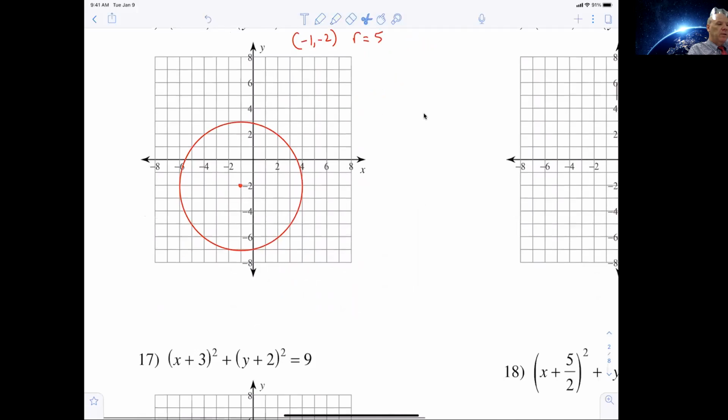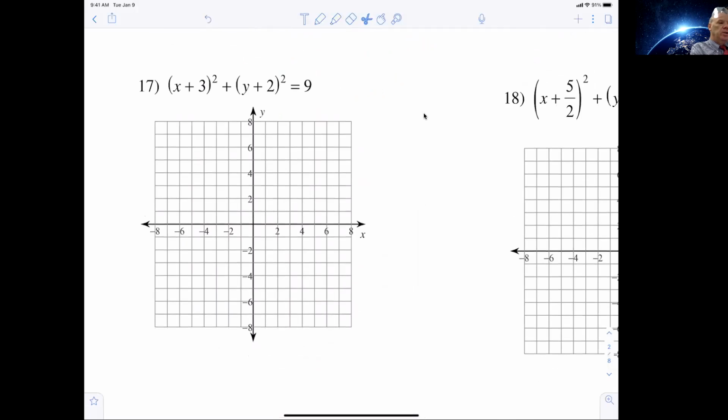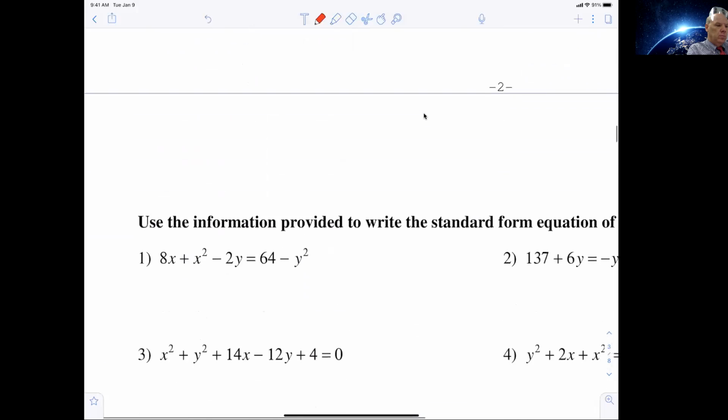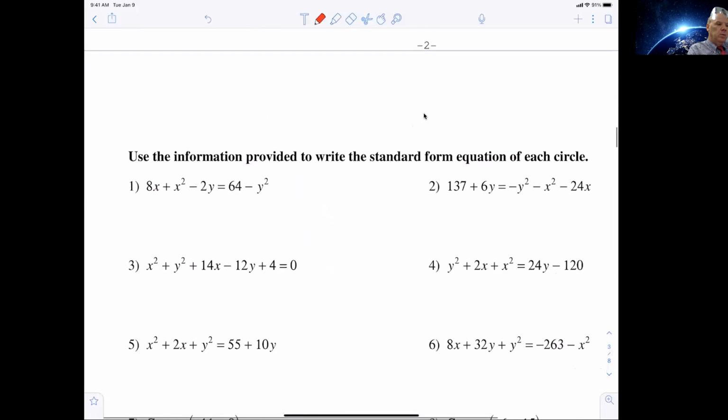All right, here we go. Let's look at 17. Again, same situation. Don't make it a big deal. Center is what? With the radius of, all right, practice. Okay, here we go.